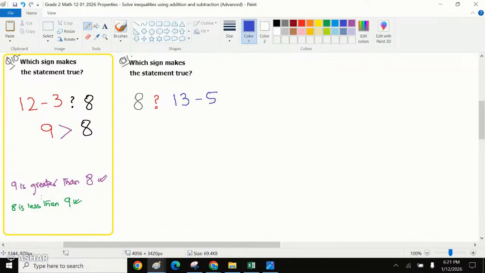What is 13 minus 5? If I say 8, a missing sign, and 13 minus 5, right? So what is 13 minus 5?